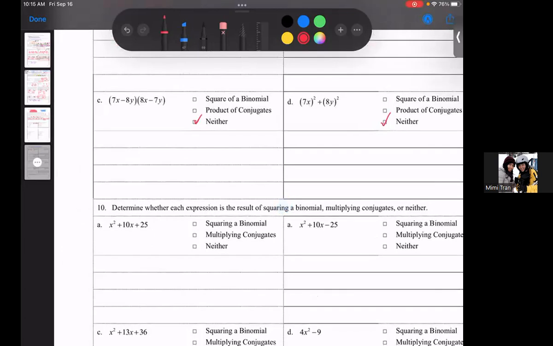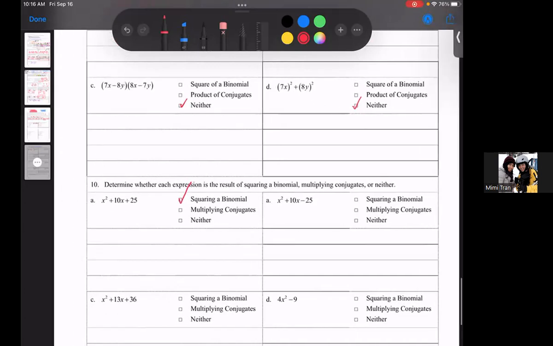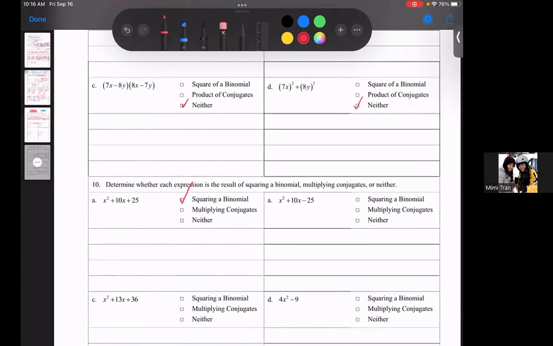10A. It has how many terms? 3 terms, so look at the concept check. Should be square binomial. Should be B here. 10B. Remember, when you square a binomial, the first and last terms are always positive, right? So it's neither.